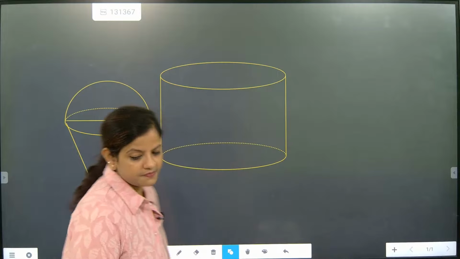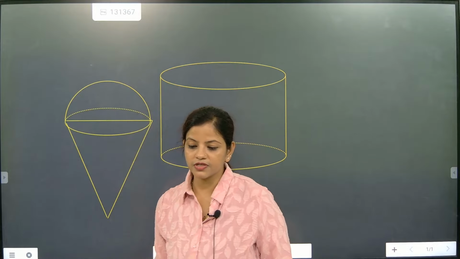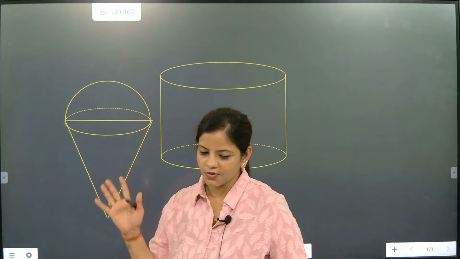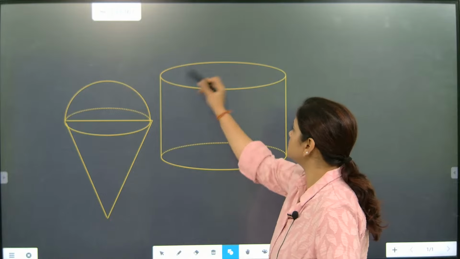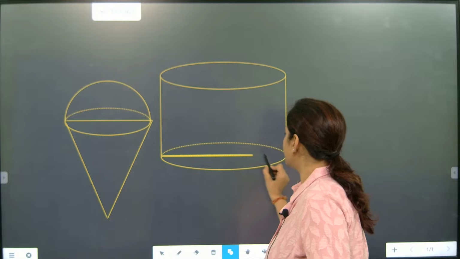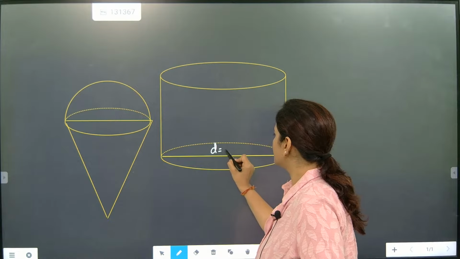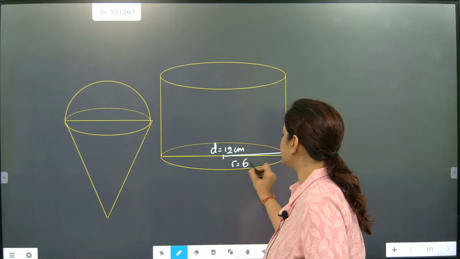Now, listen. First thing is to understand this question. A right circular cylinder having diameter 12 centimeter, so what will be its radius? Its radius is coming as 6 centimeter.